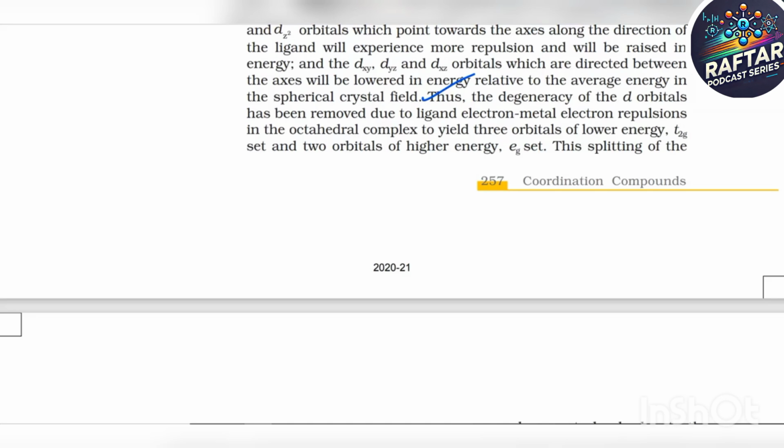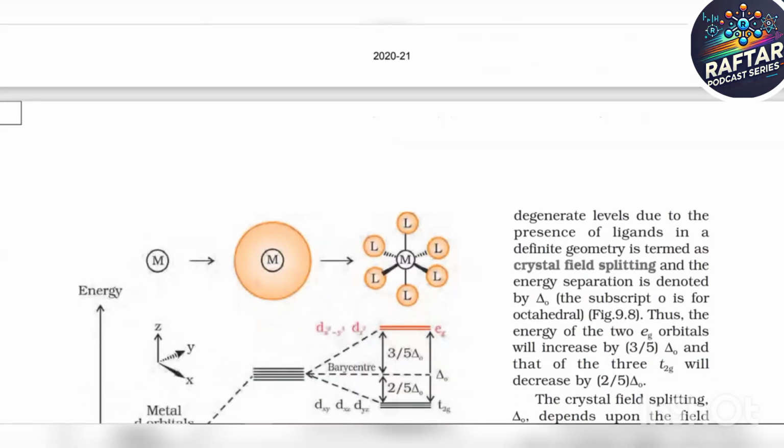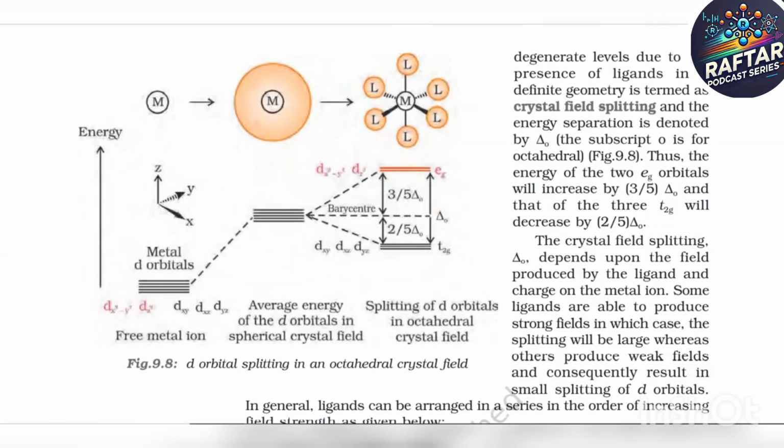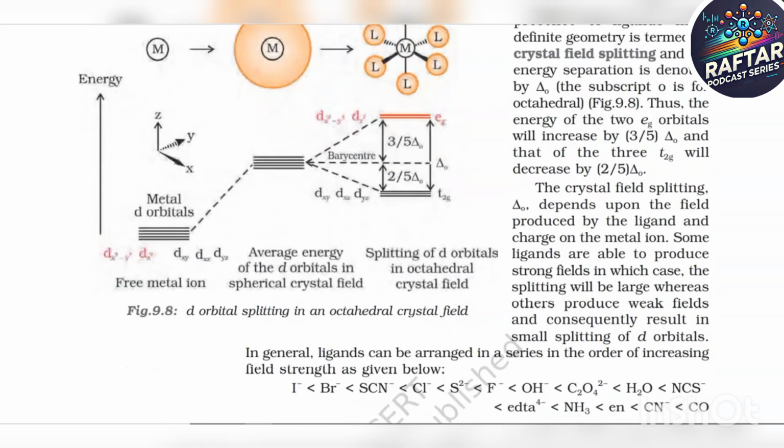This splitting of the degenerate level due to the presence of ligands in a definite geometry is termed crystal field splitting, and the energy separation is denoted by delta naught. The subscript o is for octahedral. Figure 5.8. Thus, the energy of the 2 eg orbitals will increase by 3/5 delta naught, and that of the 3 t2g will decrease by 2/5 delta naught.